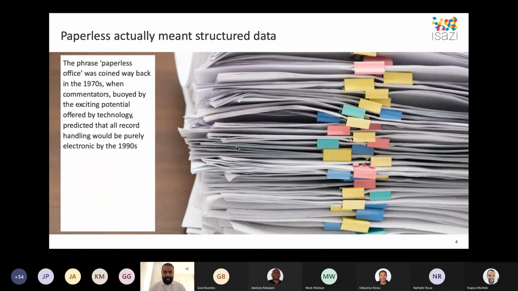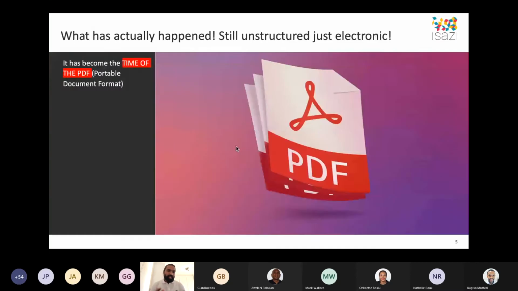And when people said they'd like to go paperless, what they meant was not to have the document translated into PDF, but rather the document's information inside it to be in that structured format, because that's really where you get the automation benefits, etc.